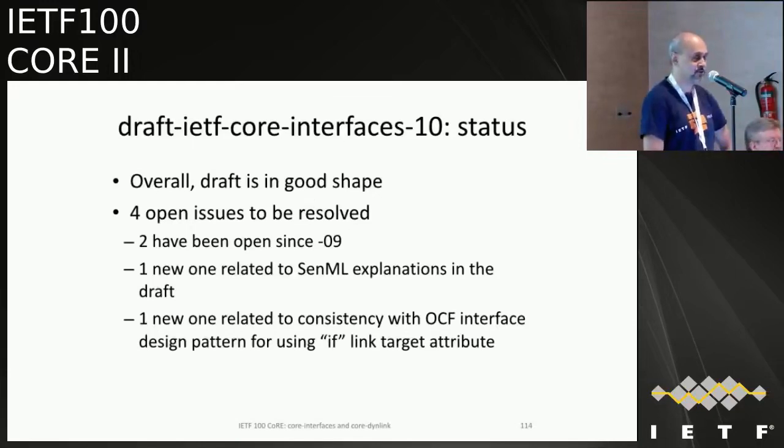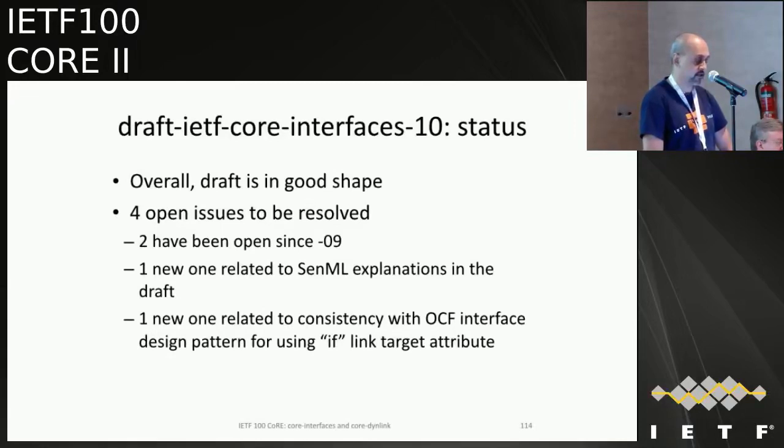Okay, so both these drafts I think are in pretty good shape. Basically, I would say that there are some editorial issues that need to be fixed. We are using the issue tracker in GitHub. So there are some minor issues to be fixed, I think.